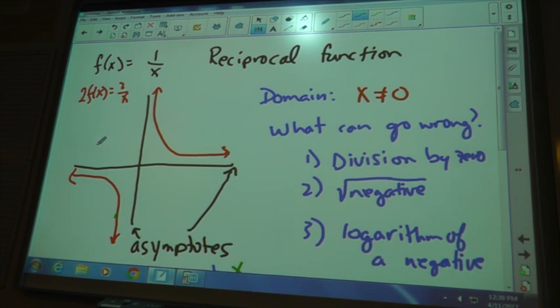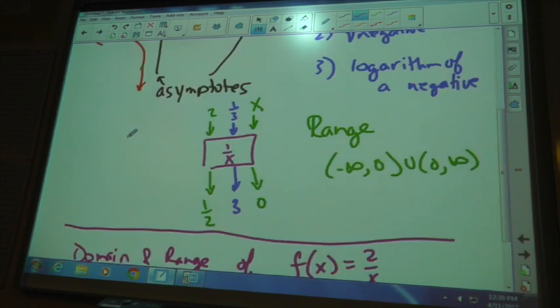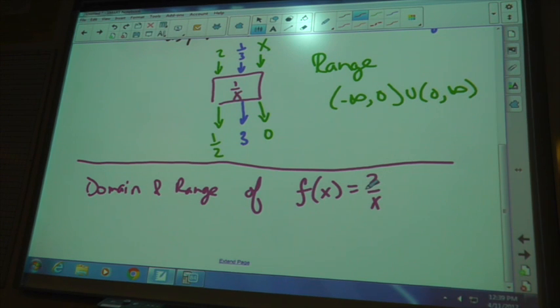It's a vertical stretch, right? So this is a vertical stretch of the original function.